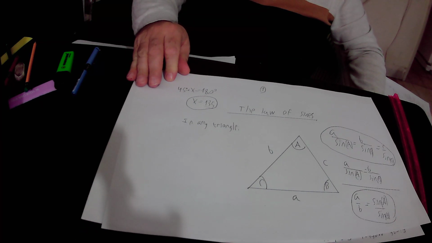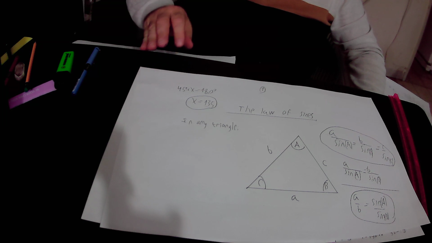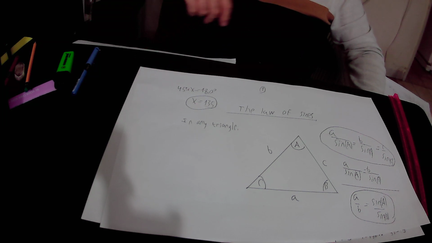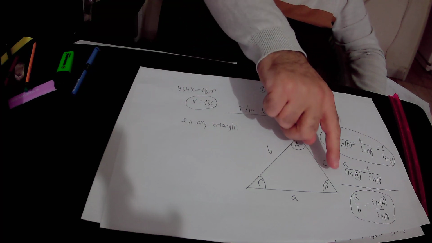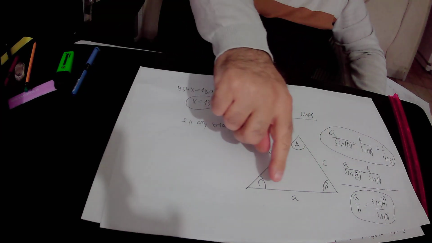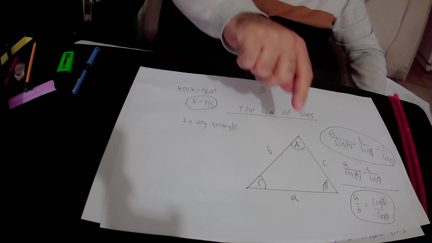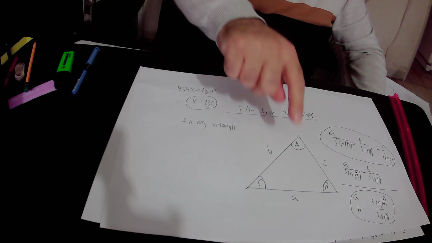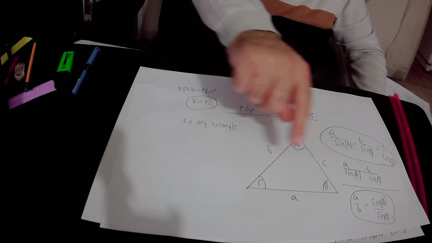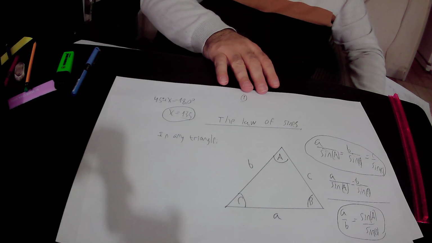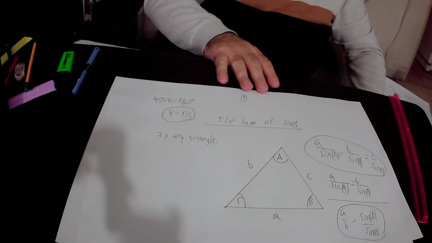Then, according to the law of sines, in any triangle, if the length of this side is B, the length of this side is C, and the length of this side of the triangle is A, then A over sine A equals B over sine B equals C over sine C. This is the law of sines that is true in any triangle.